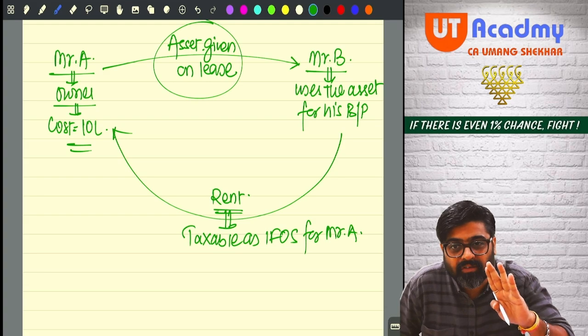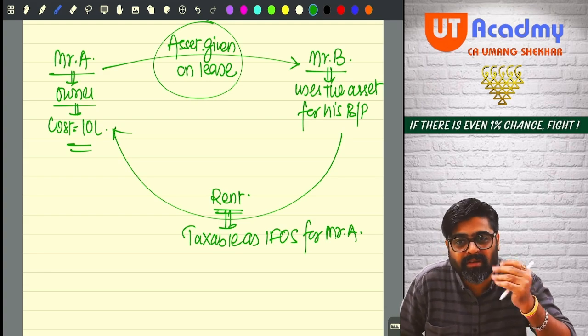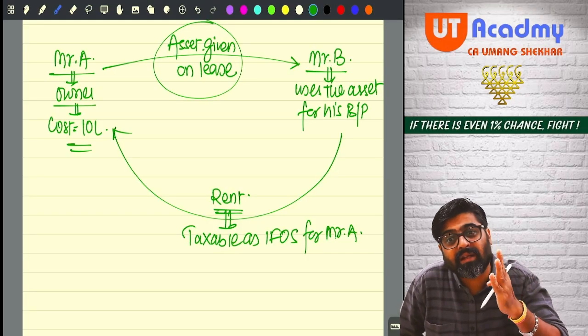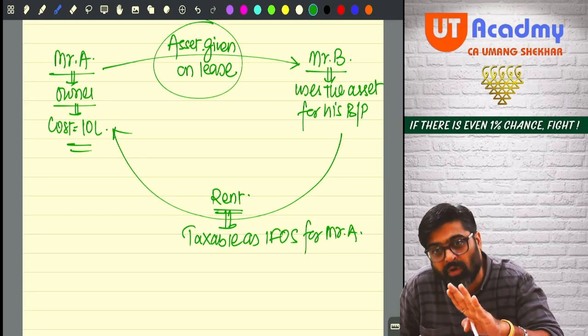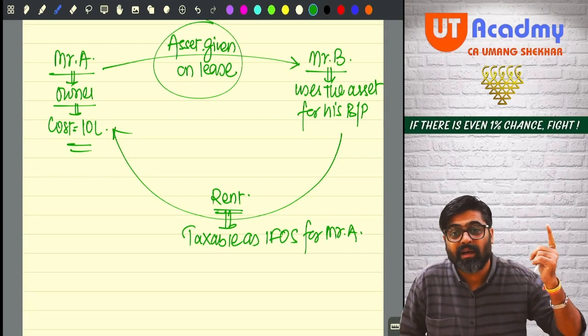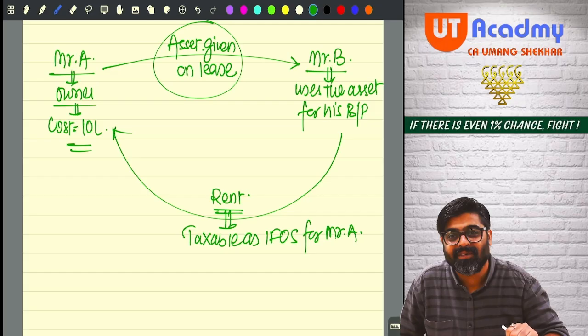Even if the asset is not used by me in my business or profession, still the cost of that asset will be allowed to me only in the form of depreciation under the head IFOS.